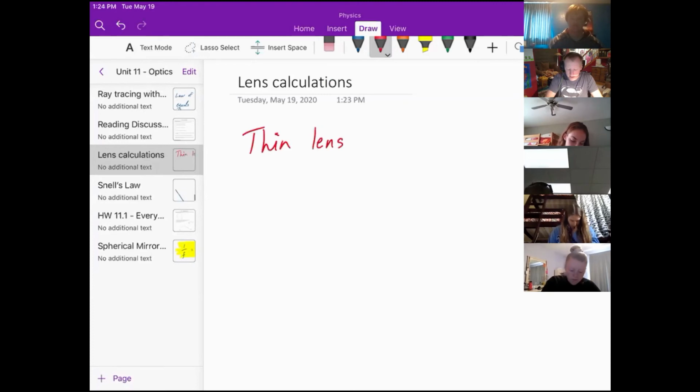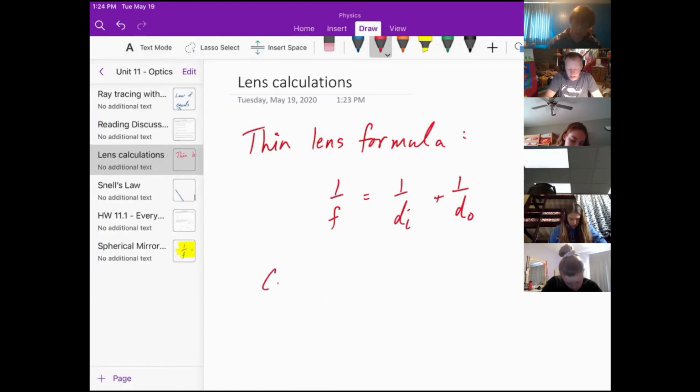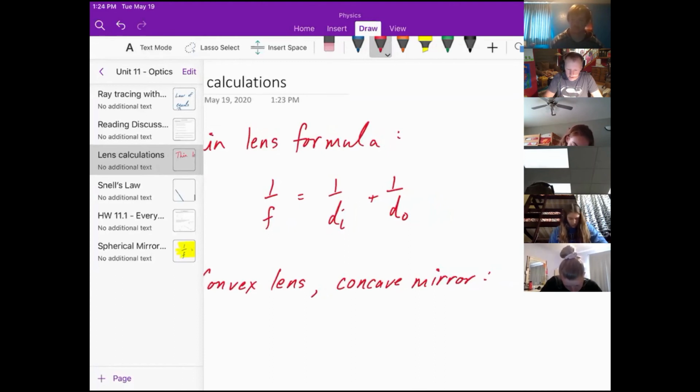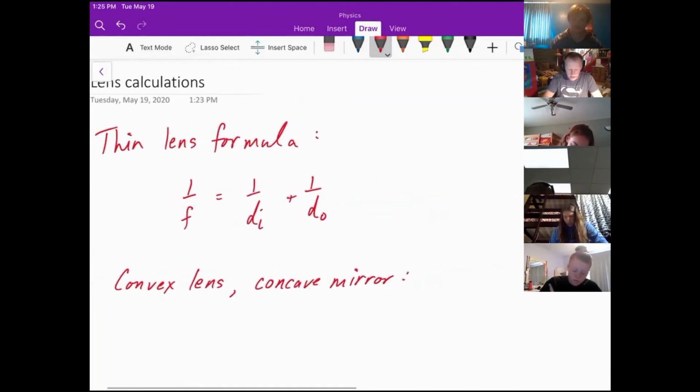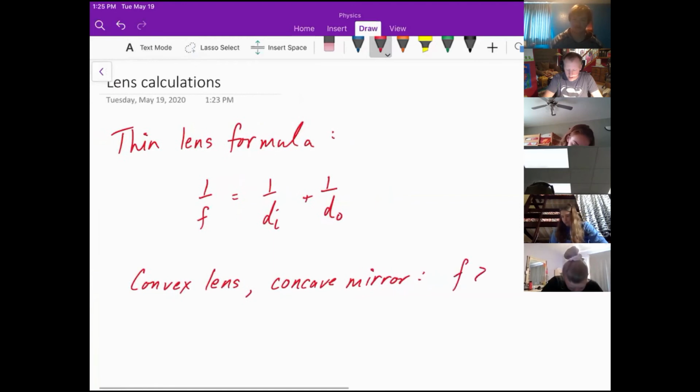For thin lenses, again, we found something just like the mirror. 1 over f is equal to 1 over di plus 1 over do. Things we have to keep in mind is that for a convex lens, same as a concave mirror, f is positive.